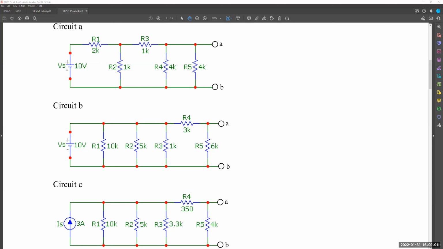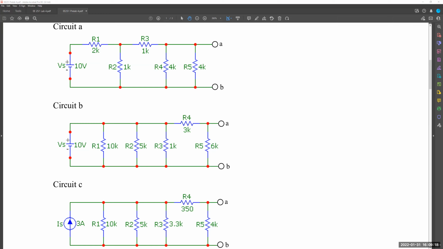Req, if I start at the farthest end, I have R7, R8, and R9 in series. And so I would have R7 plus R8 plus R9.